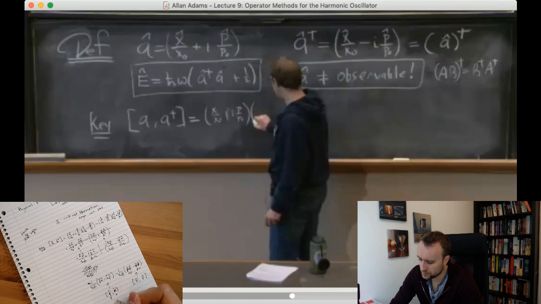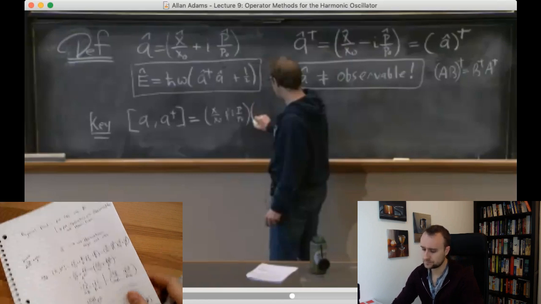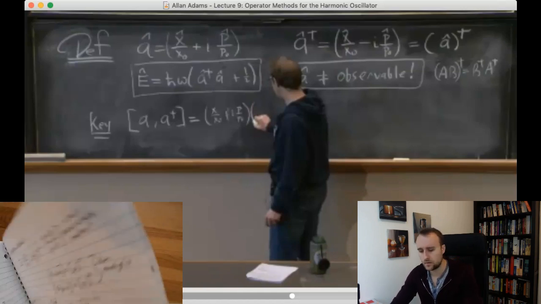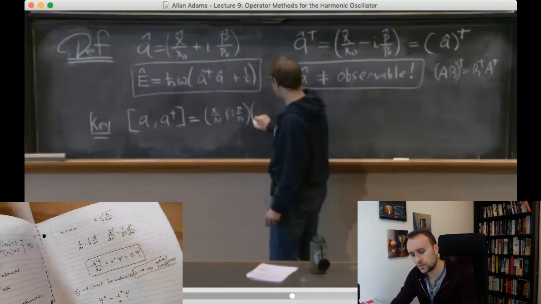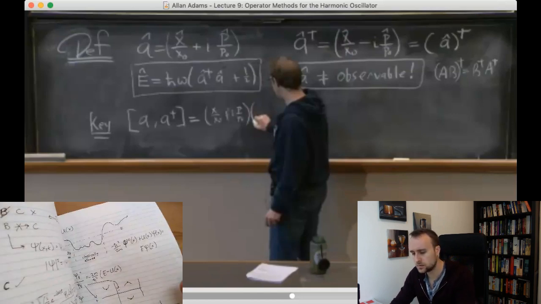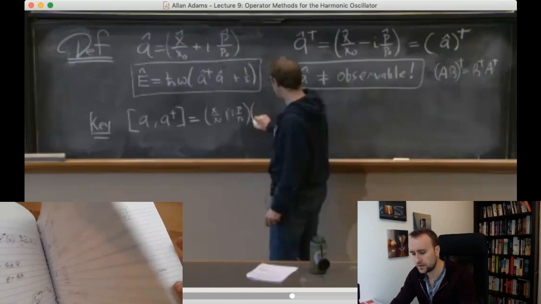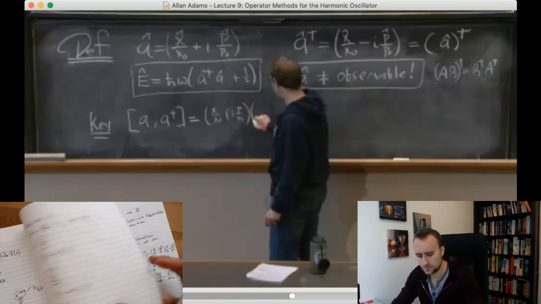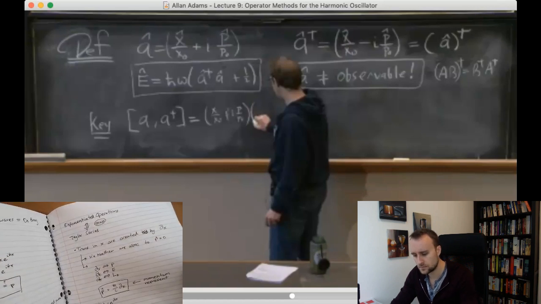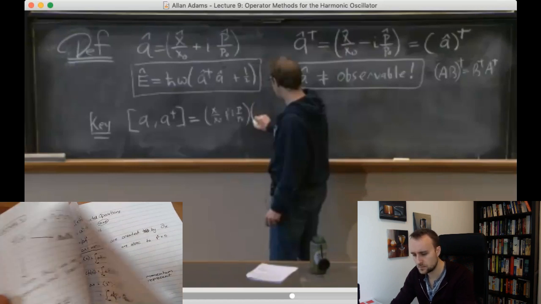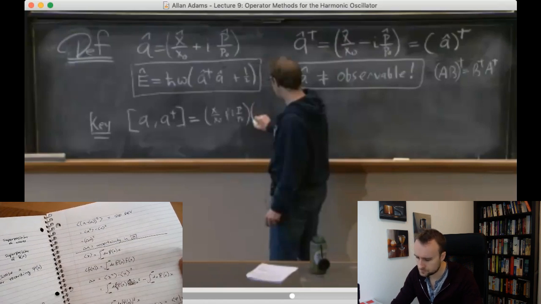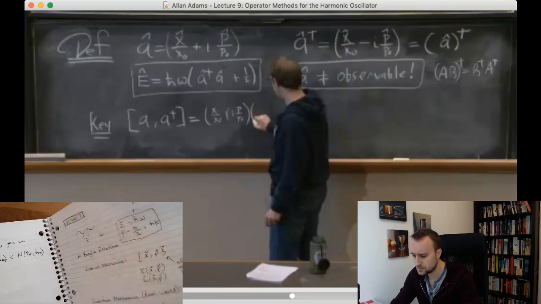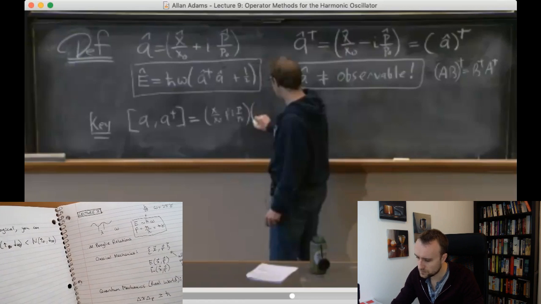So what was this? This was I h bar. Let's go back to the notes. Where did we discuss commutators? I feel like it was after this.